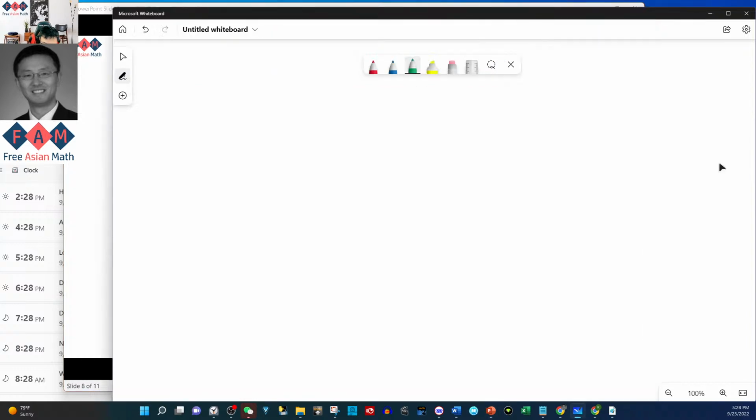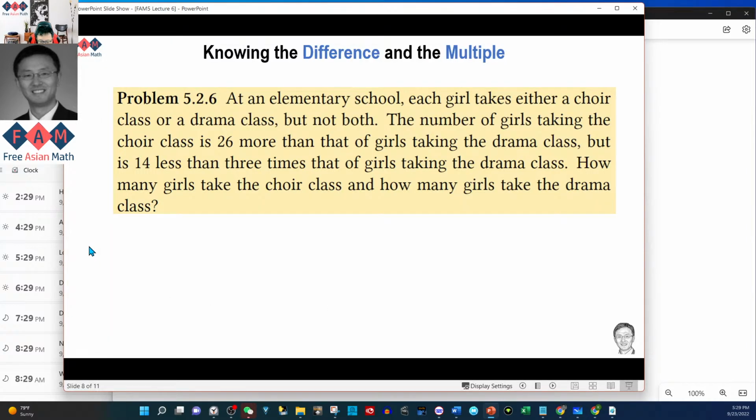So 26 plus 14 will give us 40. What is this quantity? It's by how many students the hypothetical number of the choir class would be more than the drama class number.